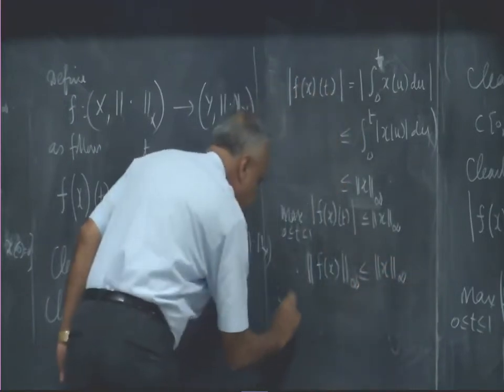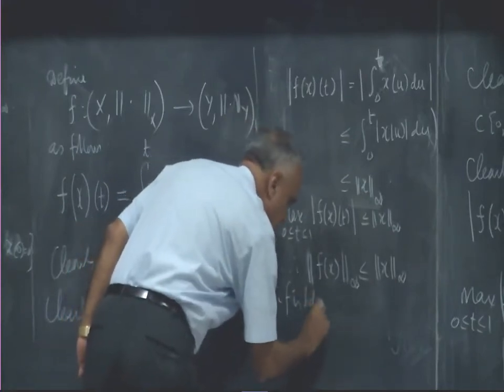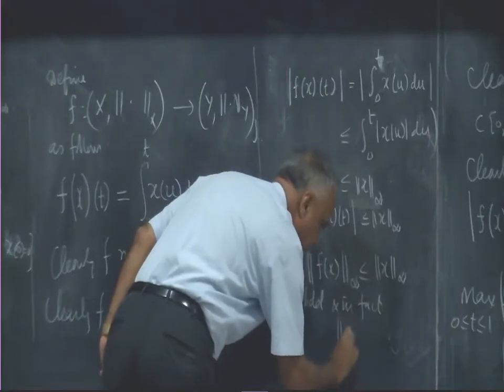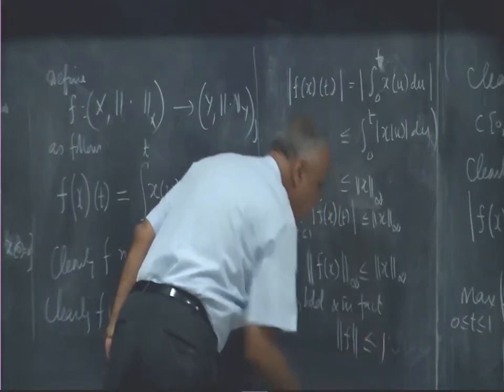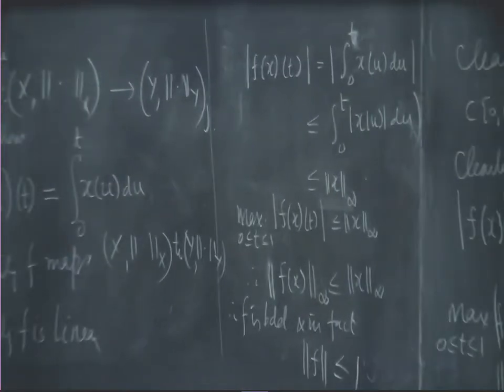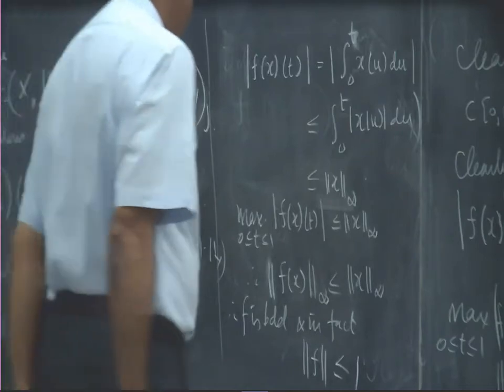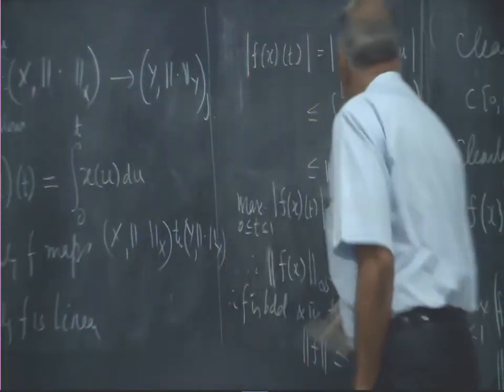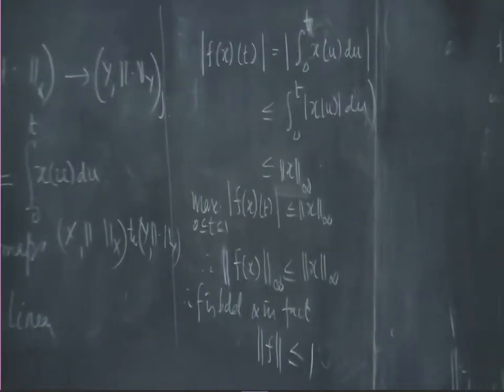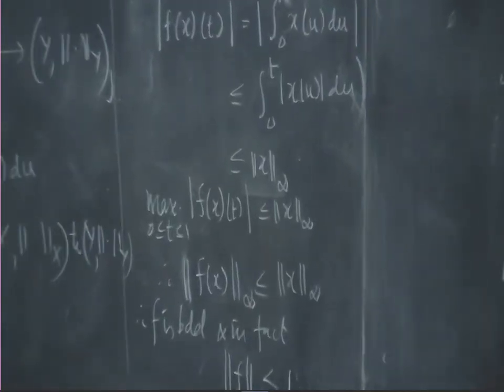So f is bounded, and in fact the norm of the transformation is less than or equal to 1, because the ratio of the changed length to the original length is at most 1. So therefore f is bounded. So we have a bounded linear transformation from the x space to the y space.